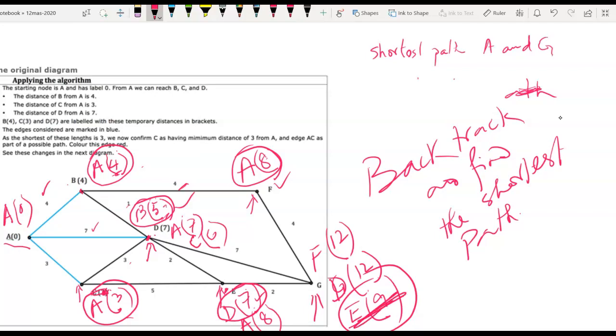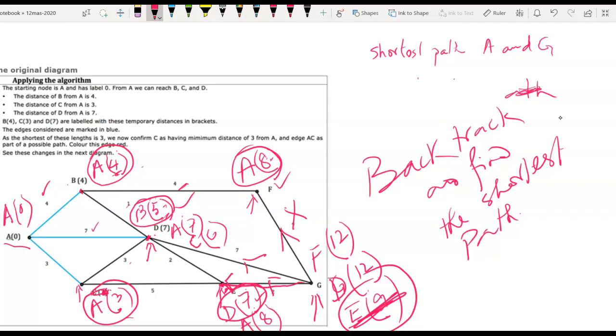The shortest path is 9, so we can go back that way, or that way. 9 minus 4, does it give you 8? No, so this is not going to work. 9 minus 7, does it give you 5? No, it's not going to work. 9 minus 2 is 7. So the backtracking will be that one.